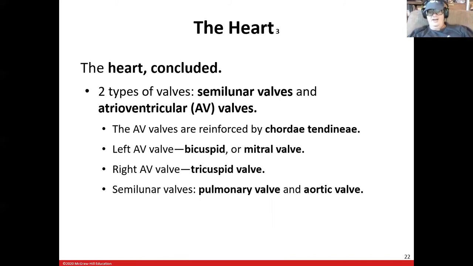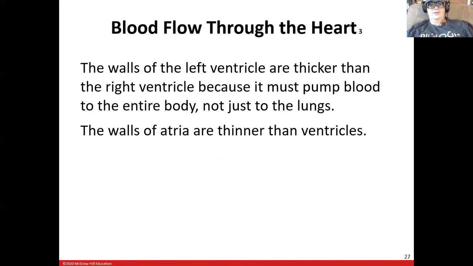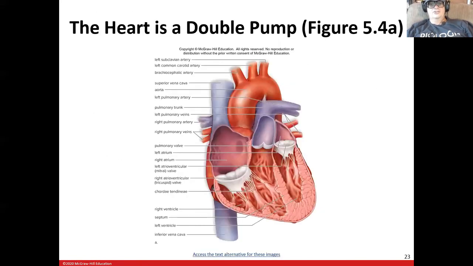Then we have valves. There's probably a better drawing. Yeah, I don't see it. So we'll just assume, oh yeah, there. Okay. So semilunar valve right here, and blood from the right ventricle goes through it. You can't really see the left ventricle valve.